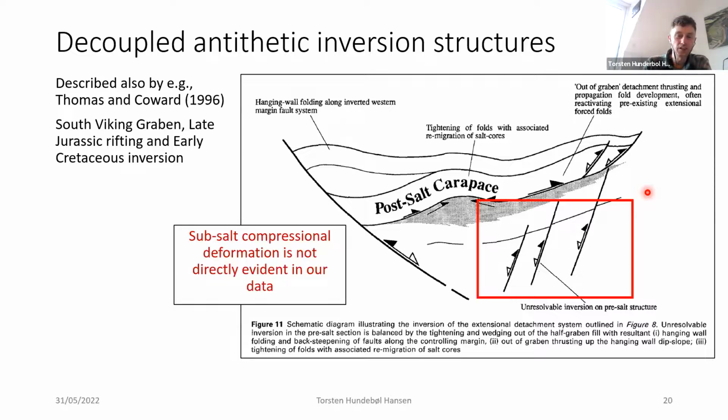The thing is, though, it's not really satisfying, because even in great data like I am fortunate enough to have, 3D data, very new, very beautiful, there's no direct evidence of subsalt compressional deformation. So I kept asking myself, where is the shortening going on? Is it just distributed across the area, or is it localized somewhere?